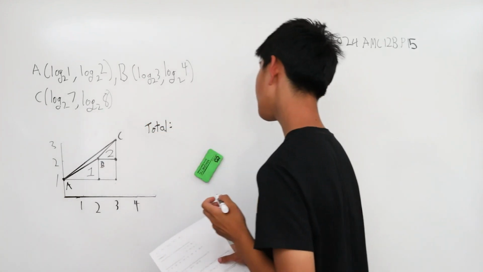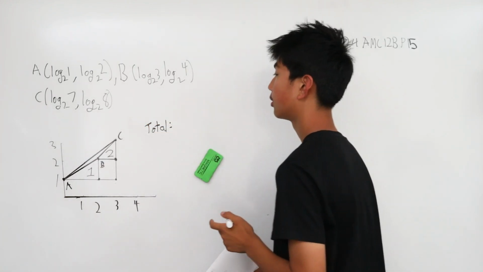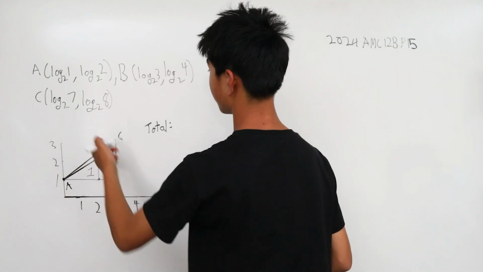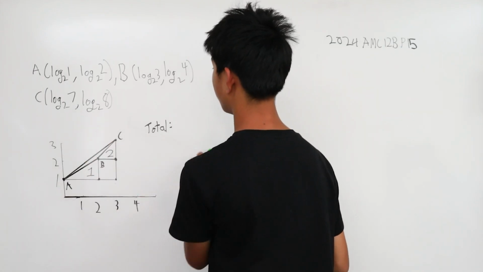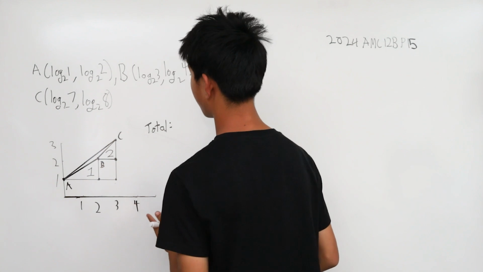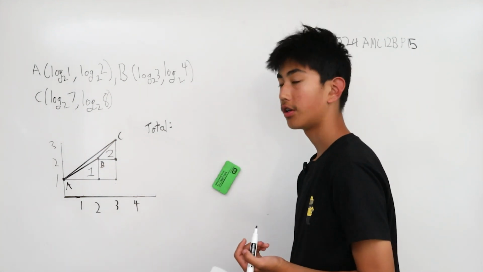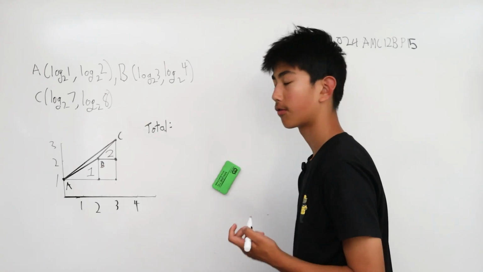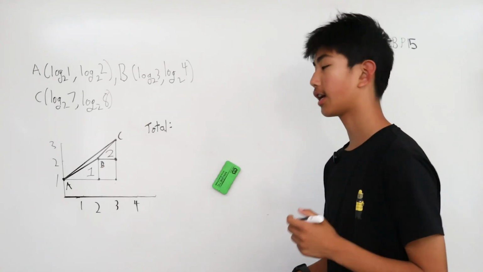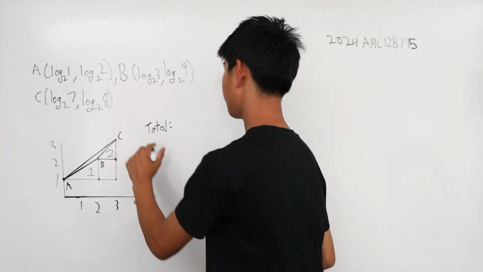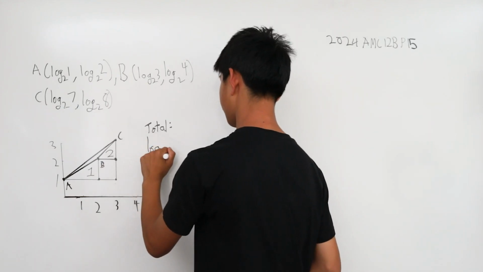We know that point C has an x-coordinate of log base 2 of 7, whereas point A has an x-coordinate of 0. Therefore, the change in x, the total length of this section, is log base 2 of 7.